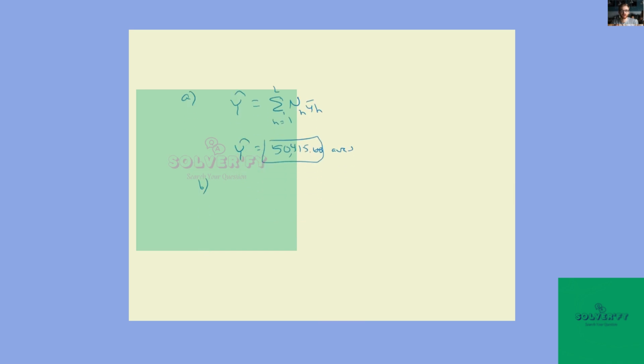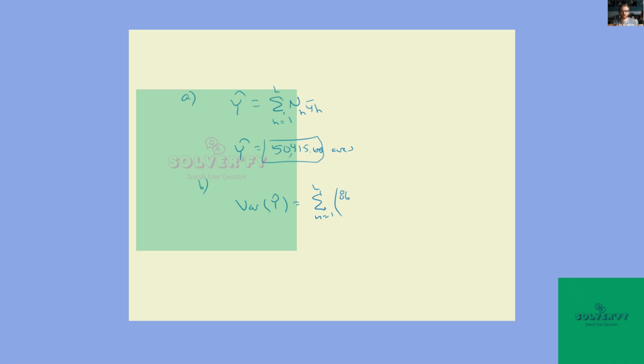To construct the confidence interval, we first need the variance of the estimate. And the variance is the sum from H equals 1 to L, which would be, I'm just going to substitute.